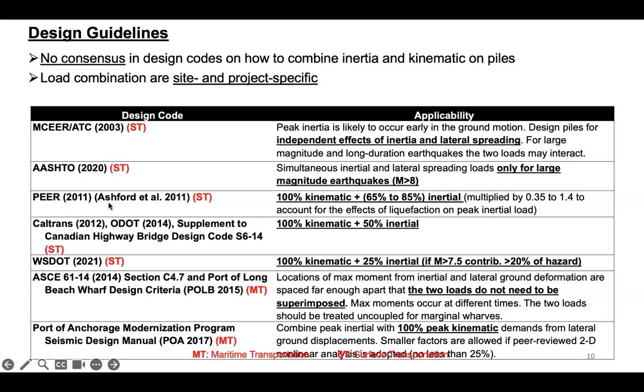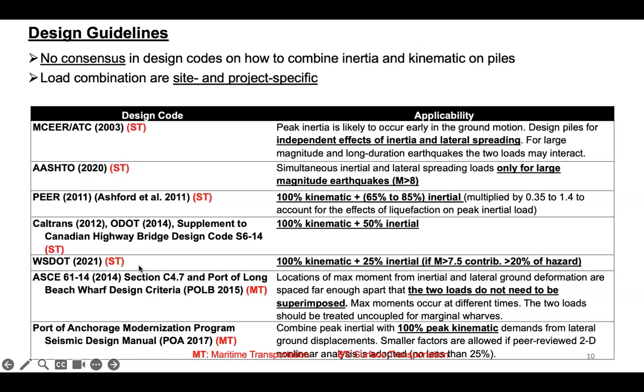The Ashford et al., or the so-called PEER report, recommended combining 100% kinematic with 64 to 85% of inertial load. Caltrans adopted a simplified version of that with 100% kinematic plus 50% of inertia. The same load factors have also been adopted by Oregon DOT, and I've been told that it's been proposed to be adopted by the British Columbia supplement to the Canadian Highway Bridge Design Code.